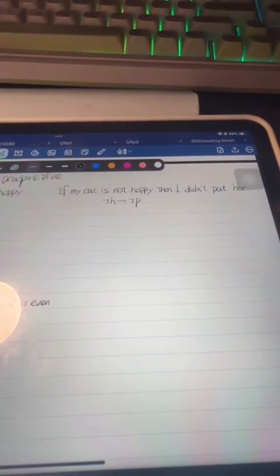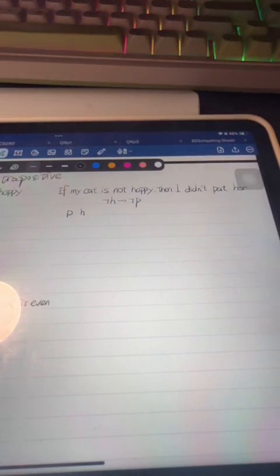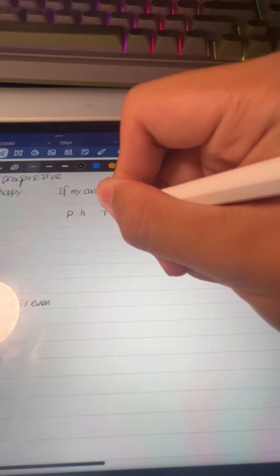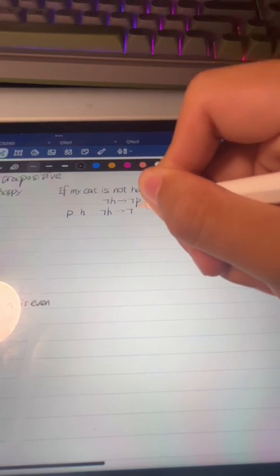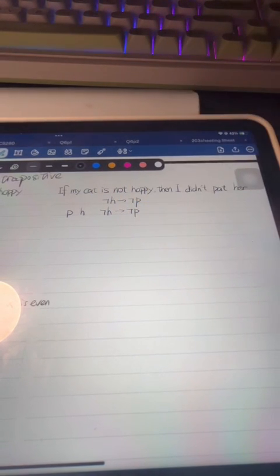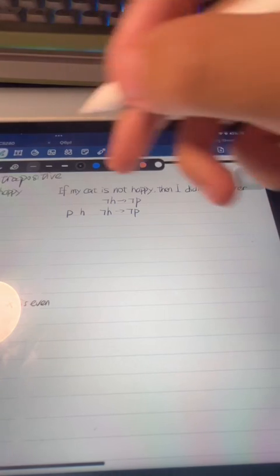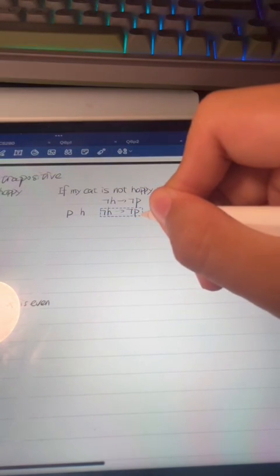Now the important part is, how can we list this one? We first still list P and H. We do not directly list if not H, then not P, because you cannot directly get it. You need to list something else.